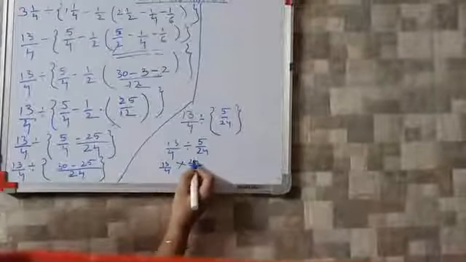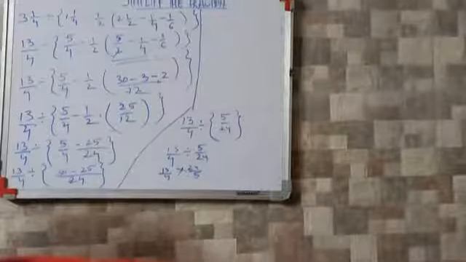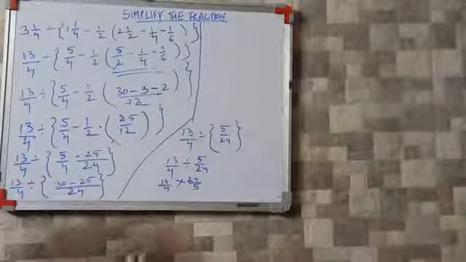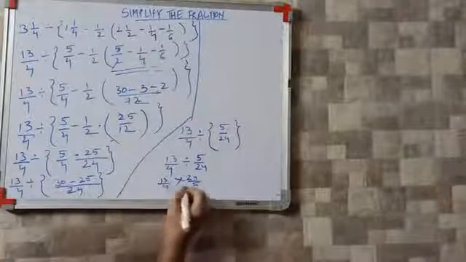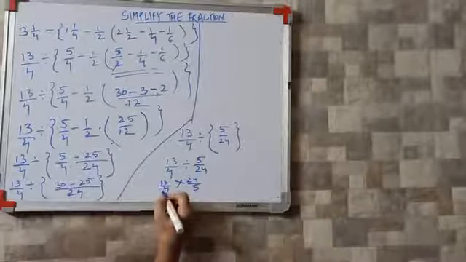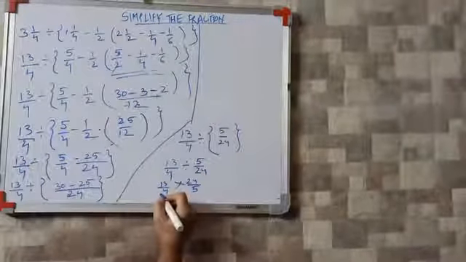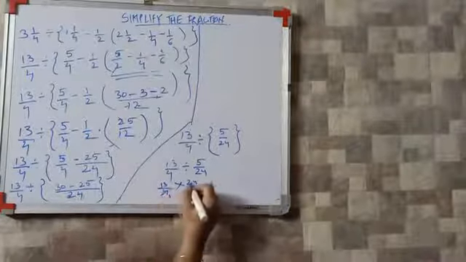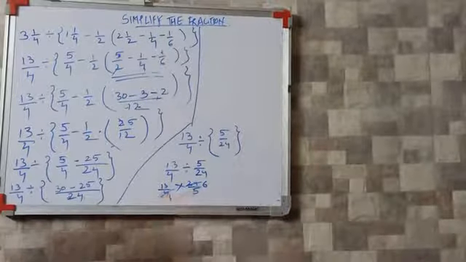So 4 and 24, see, the common factors are 2 and 4, but I am cancelling it by 4. Both numbers come in the 4 table, so the common factor is 4. So I will cancel it by 4. 4 ones are 4, 6 are 24.